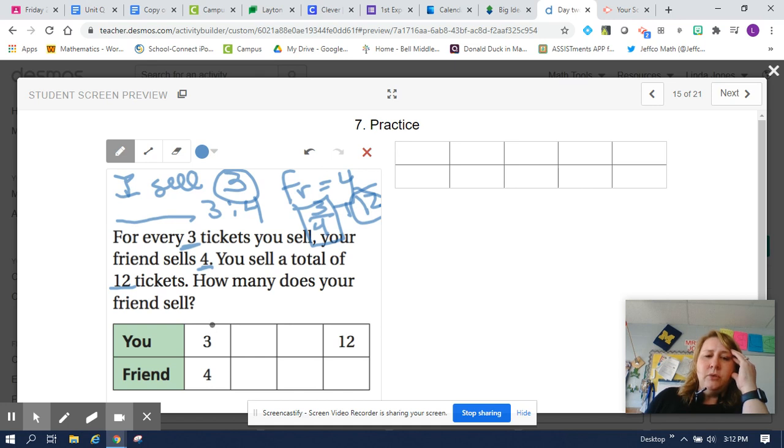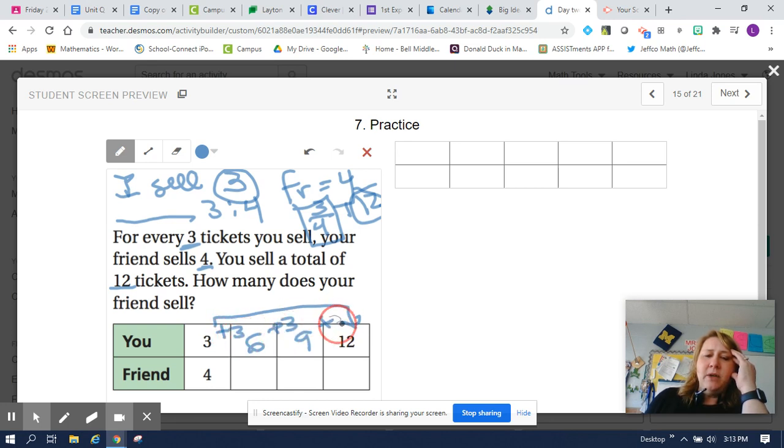So what do I have to do to get from 3 to 12? Well, I might notice right off the bat that I could just skip all these steps and multiply, or I might count by 3s. 3, 6, 9, 12. I added 3 each time, right?